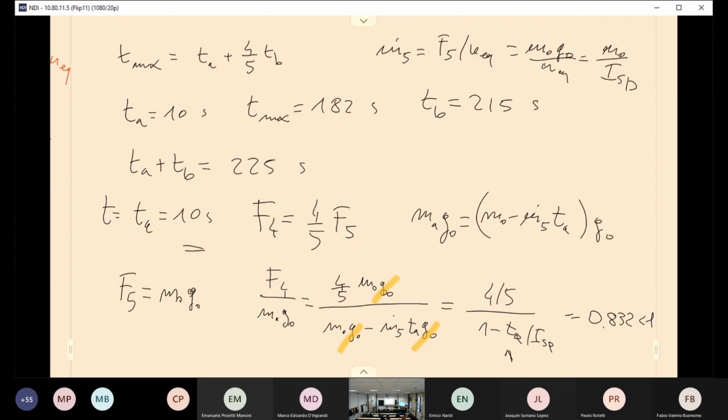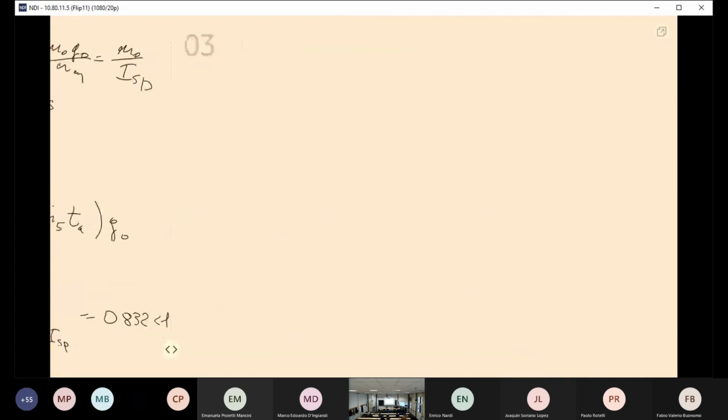So if this is the thrust to weight ratio, we need that F over W should be greater than 1. And we can find that this minimum time is again 4 over 5, 1 minus T over 260 should be equal to 1.